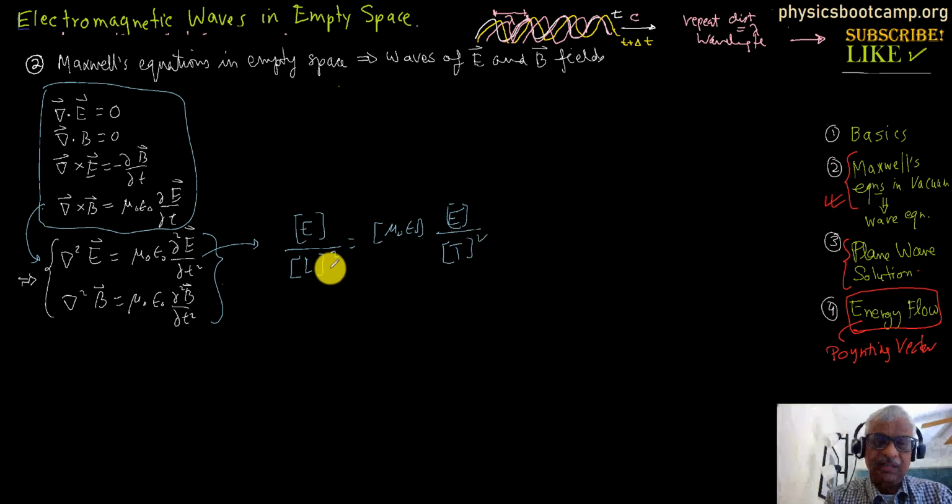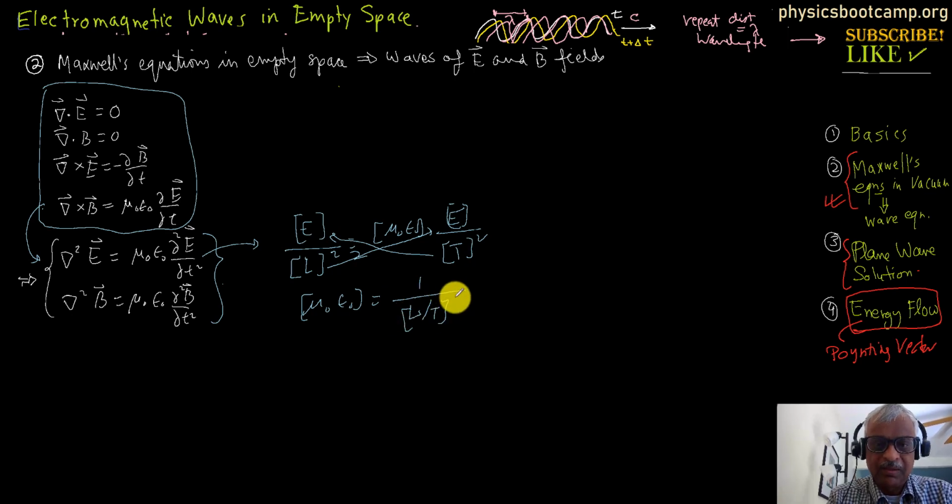So you can see already, if you bring this on the other side, you have mu naught epsilon naught, whose dimension is 1 over length over time square.